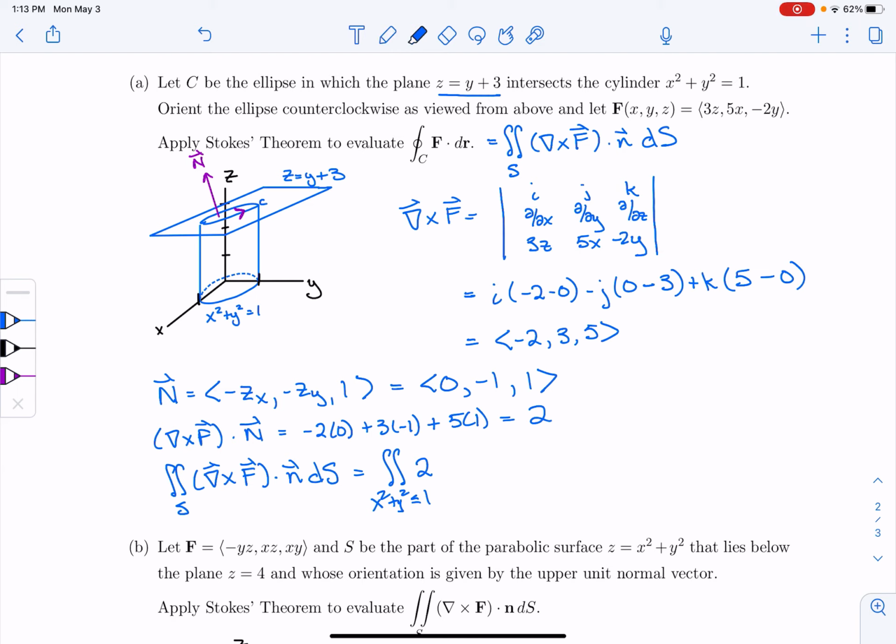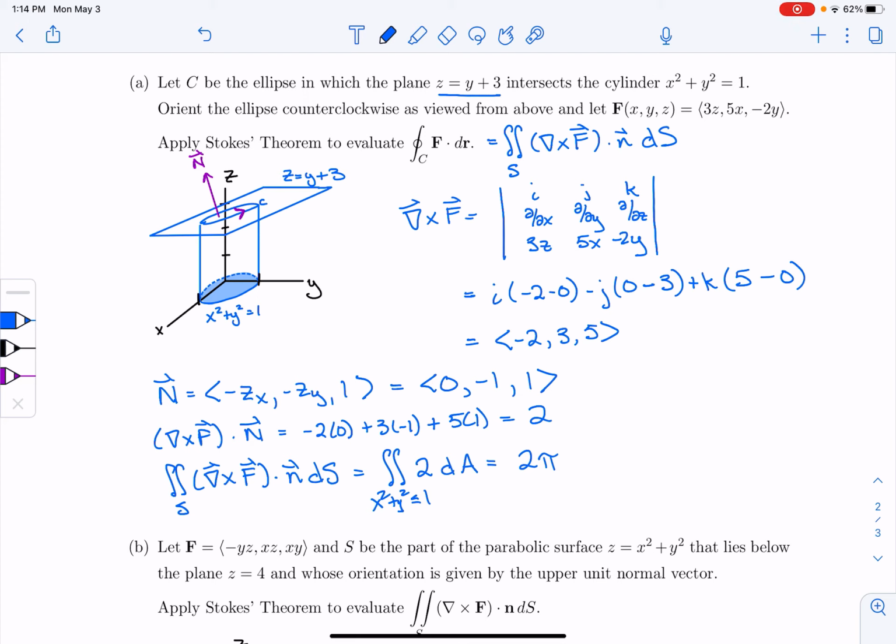So I'm integrating over this domain, dA. Well, 2 is just a constant, so that'll be 2 times the area of the unit circle, which is pi times 1 squared, or pi. So that was a very simple integral to do once I applied Stokes' theorem. Much simpler than if I had tried to parameterize the curve.